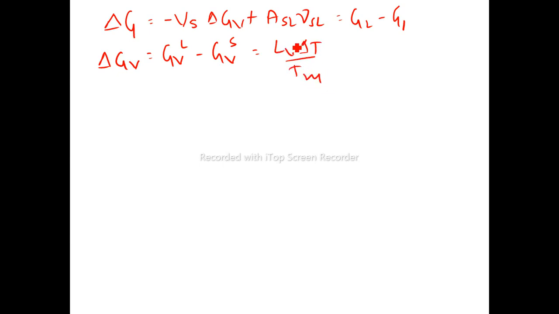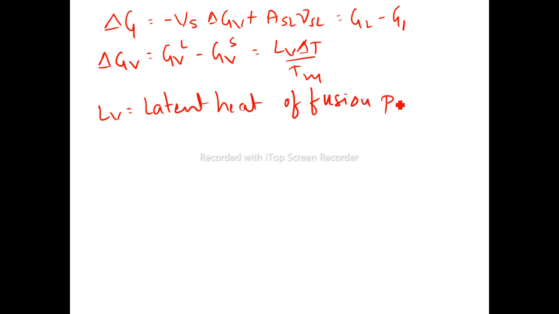Okay, I will explain the terms. Lv is the latent heat of fusion per unit volume, and delta T is the undercooling.